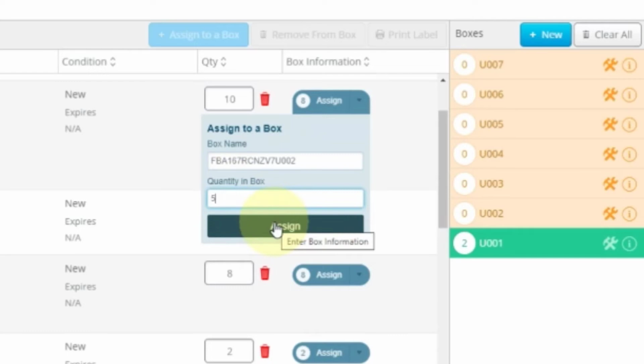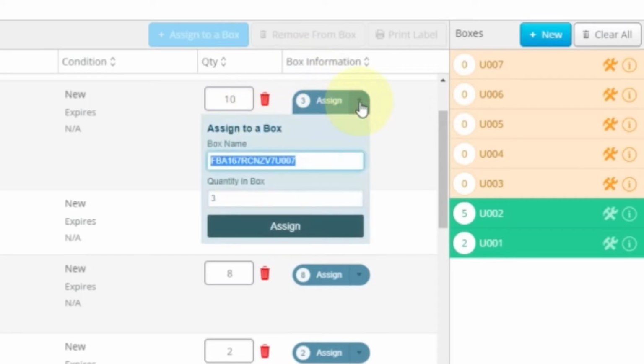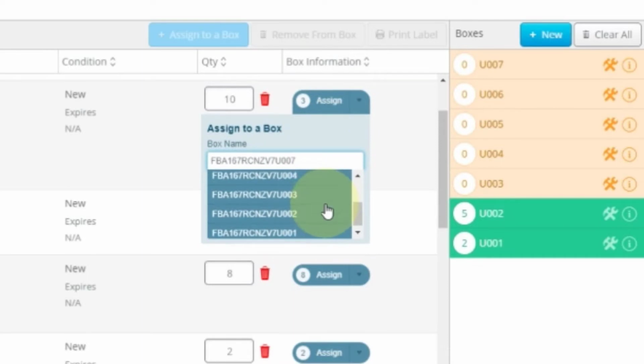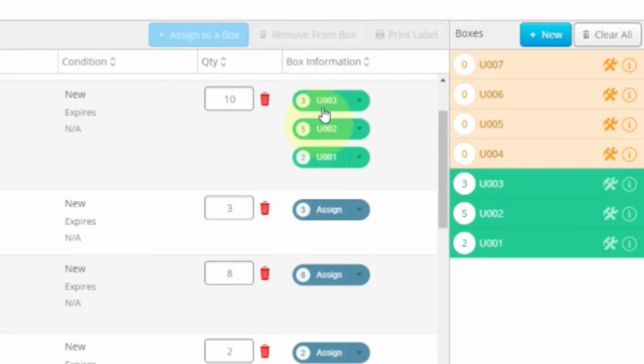It would go like that. And then you still got 3 left to assign. And then for the purpose of this demonstration, we'll just say in box number 3, we put the last 3. And now all of those are good. And then you move on and on and on. That's how you assign.